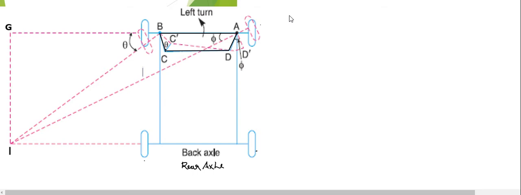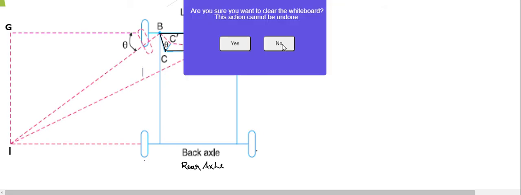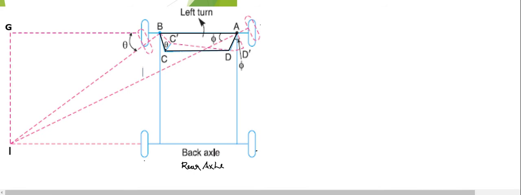In these, two or three conditions have to be noted. First one is AD is equal to BC, and when the vehicle is moving in a straight line, this AB should be parallel to DC.